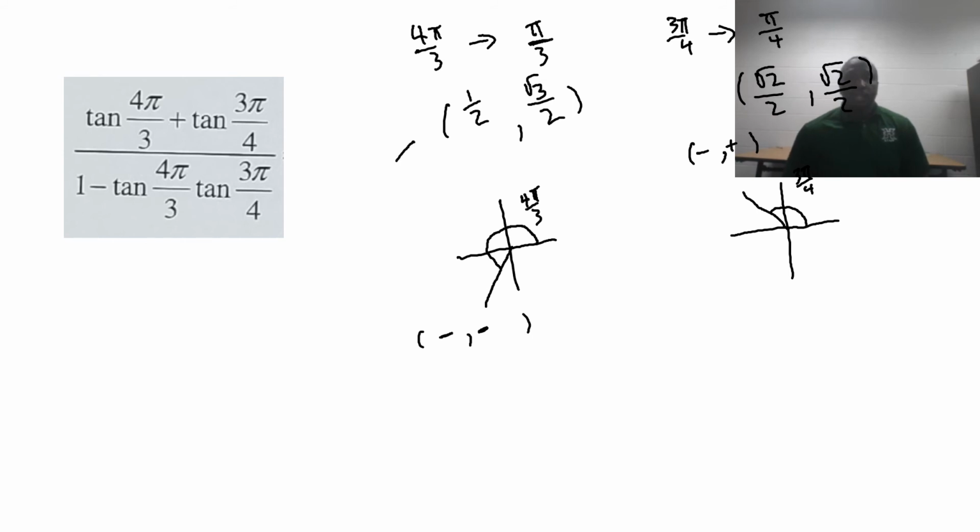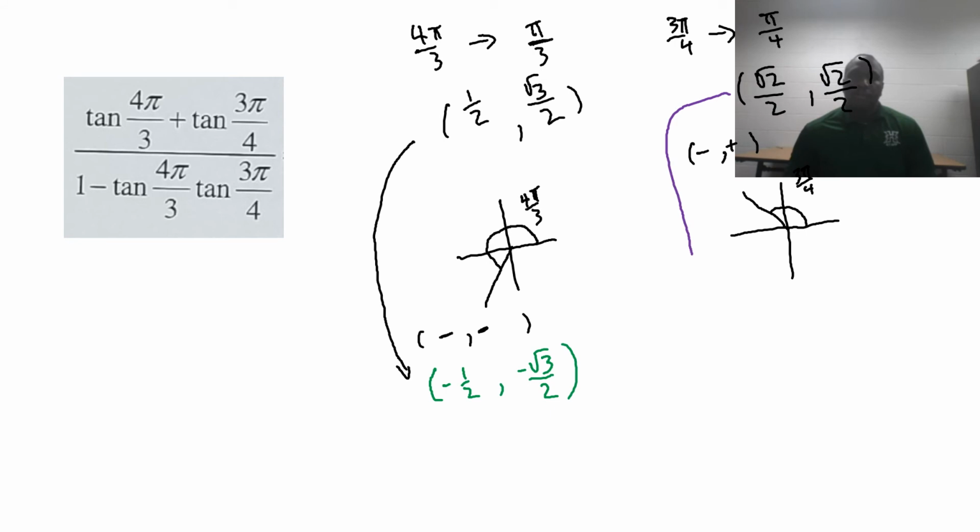So we would use that to rewrite our points. 4 pi over 3 would have negative 1/2 and negative radical 3 over 2 as its point on the unit circle, whereas 3 pi over 4 would have negative radical 2 over 2 and positive radical 2 over 2 for its point.